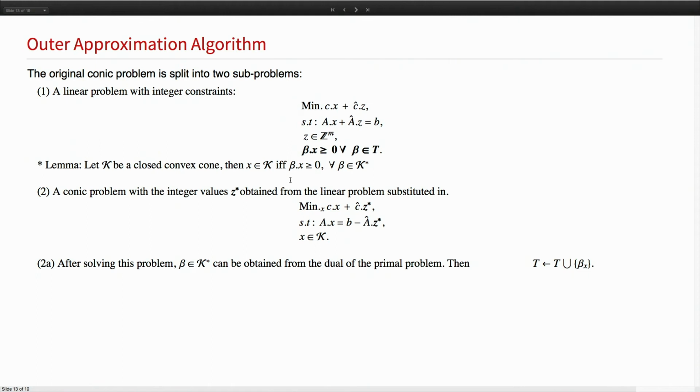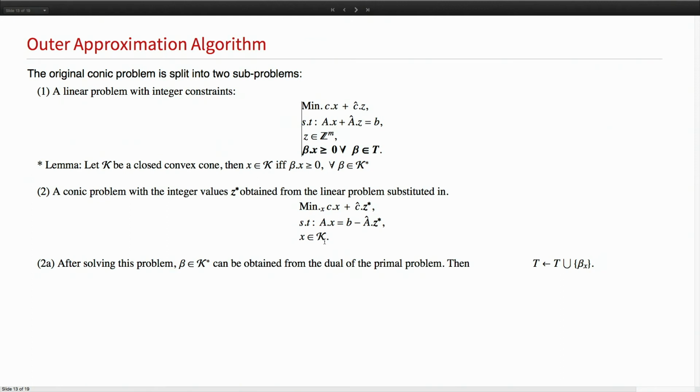So the integer values are substituted back in, so that implicit integer constraint is removed, and you solve that problem. Once you solve that problem, you then extract the dual associated with all these conic constraints, and from that dual you compute this half space, this beta.